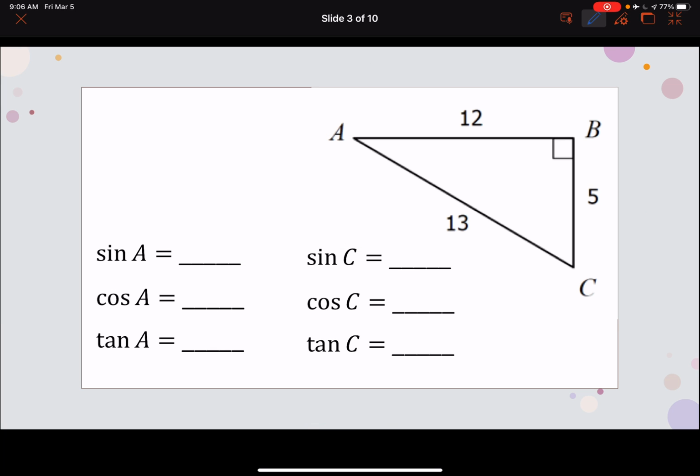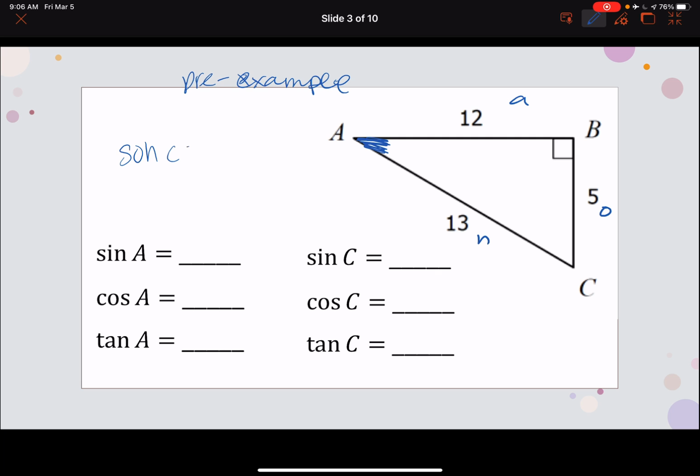All right, so before we do anything, we're going to use this as our pre-example. I know I have it as number 1. I want you to write pre-example for this. And we're going to find the sine, cosine, and tangent of both angle A and of angle C. So let's start off with angle A. So for angle A, BC is my opposite, AB is my adjacent, and AC is my hypotenuse.